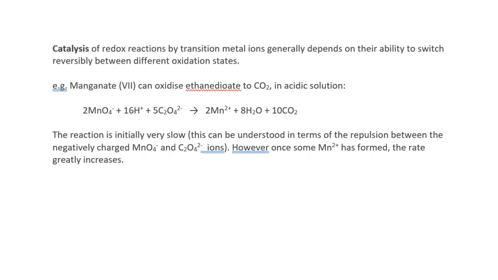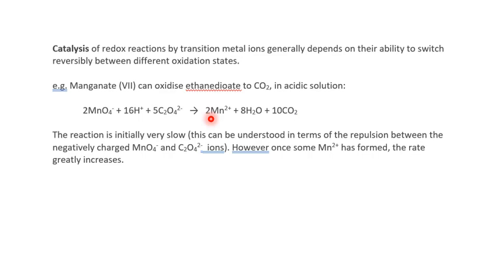So this is an example of where that takes place. This is just using manganate 7, which you're familiar with as an oxidizing agent, getting reduced to Mn2+, and in this case oxidizing ethane dioate ions to carbon dioxide.